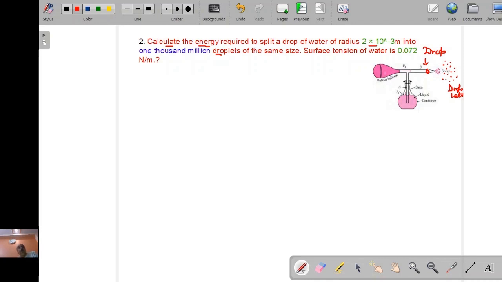So first of all, to find out the solution, we have to write the given things. What is given here? The radius of the drop, that is capital R, and it is 2 into 10 to the power minus 3 meter.